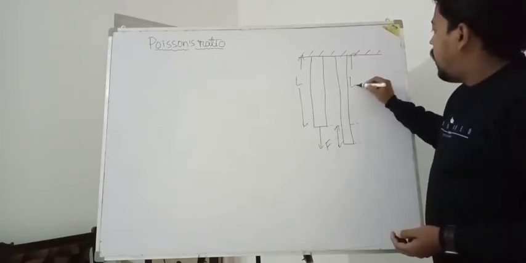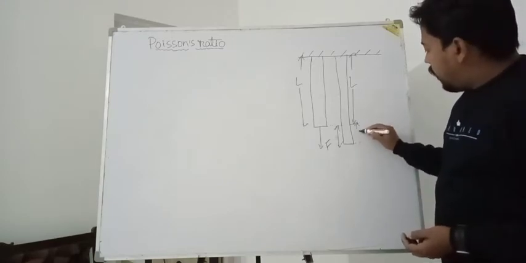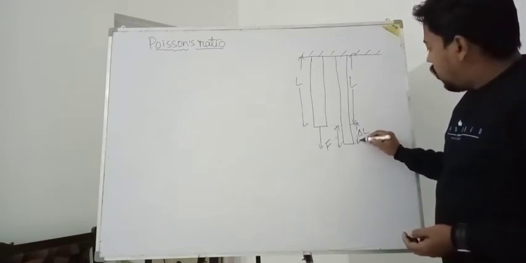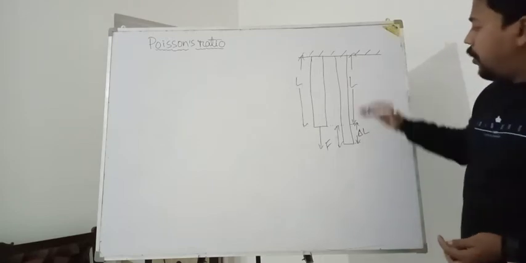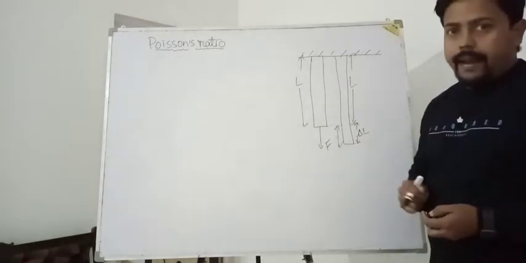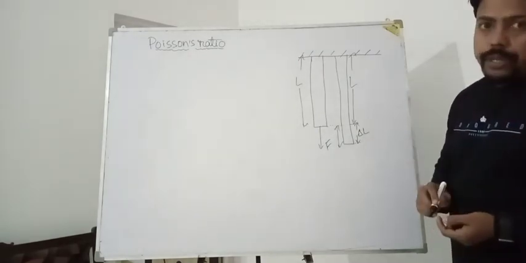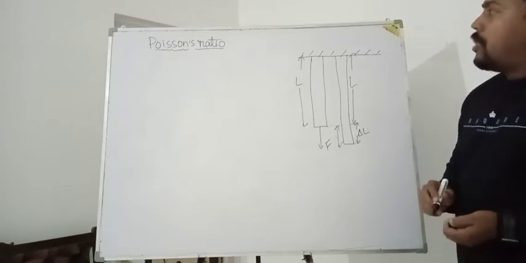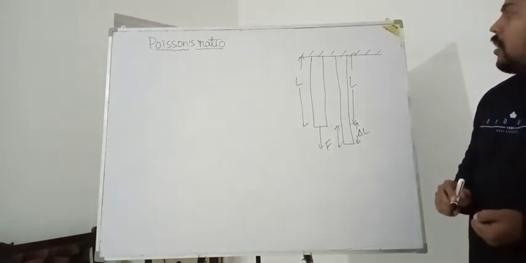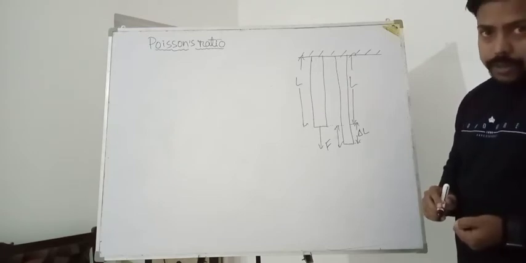If this capital L is the initial length, let this amount be delta L. That means there is a change in the longitudinal length. So the wire is under strain, and the type of strain is longitudinal strain. Poisson's ratio is defined as the ratio of lateral strain to the longitudinal strain.